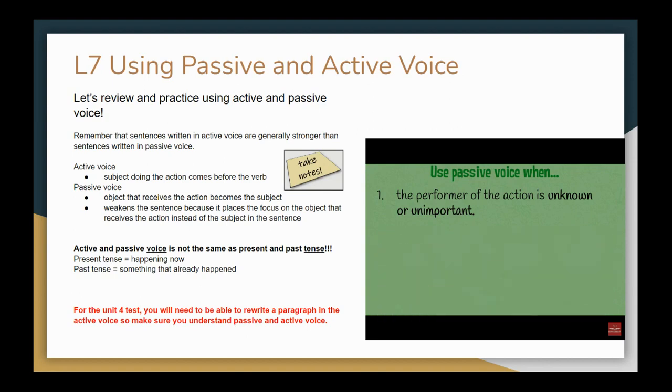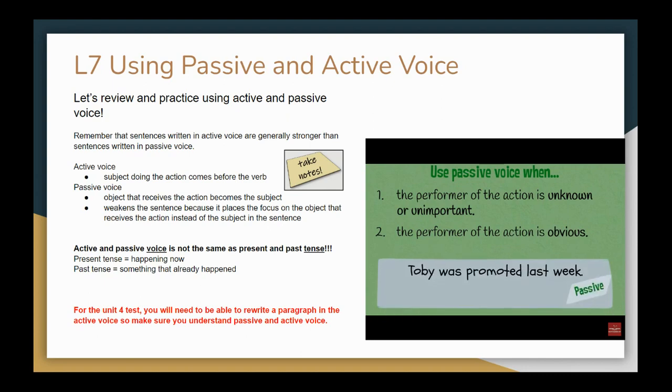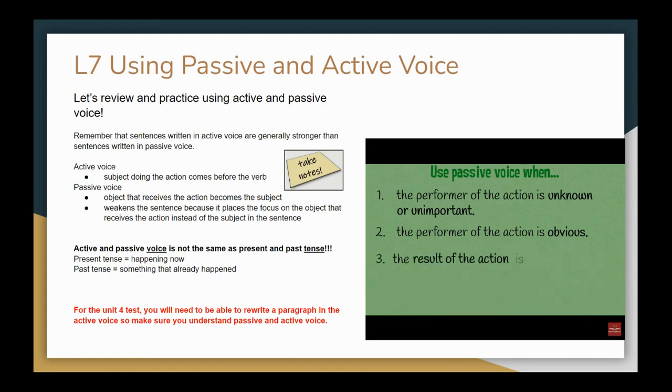We often use passive voice when the performer of the action is obvious. Here's an example. Toby was promoted last week. Toby, the subject of the sentence, is receiving the action. Who performed the action, promoting him, is not stated because it's obvious it was his boss. We choose passive voice when the result of the action is more important than who or what caused the action.